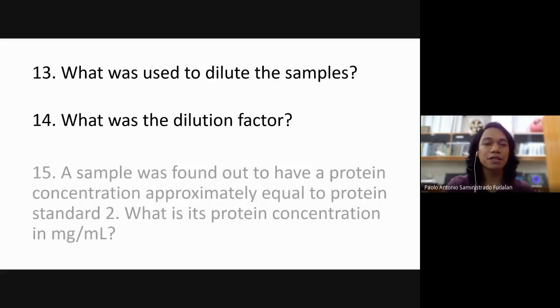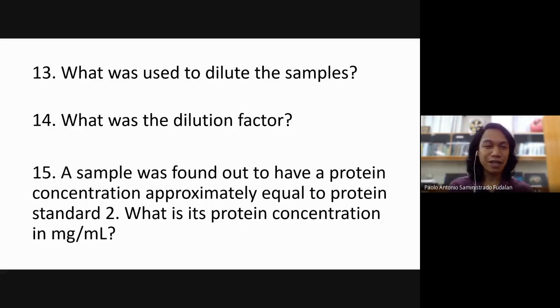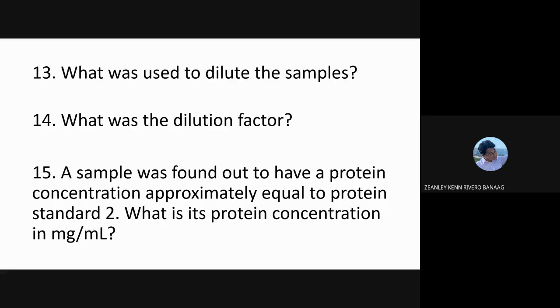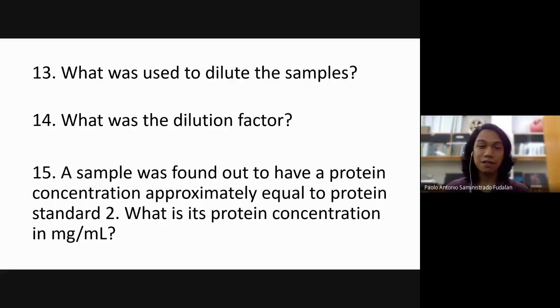That's correct. So what about this? Try to calculate. A sample was found out to have a protein concentration equal to protein standard 2. Okay. So what is its protein concentration in milligrams per milliliter? You might need to look at your manual what protein standard 2 is. Okay. 0.250, sir. Okay, that's for protein standard 2.